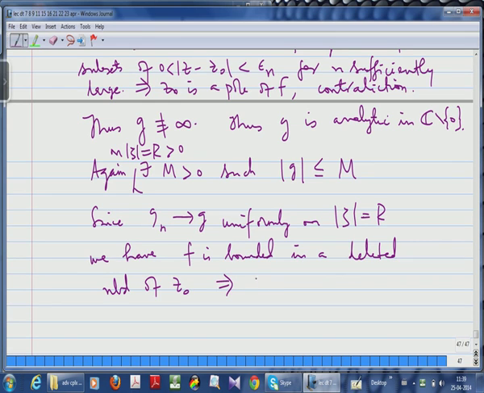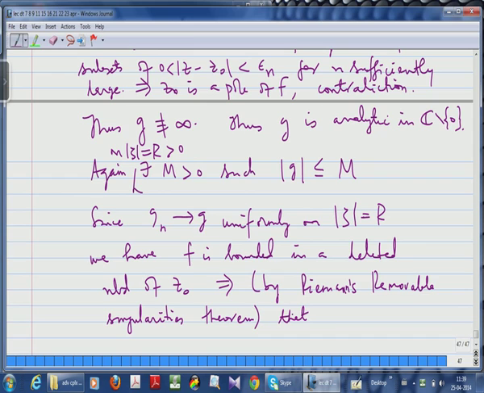This again implies, by Riemann's removable singularity theorem, that z0 is a removable singularity of f, again a contradiction.